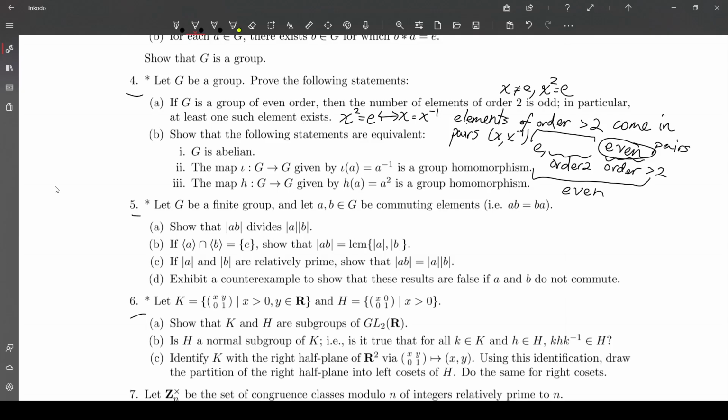And this is because, for instance, the inverse map being a homomorphism means that b inverse a inverse equals a inverse b inverse. And then the square map means that ab is equal to a squared b squared.